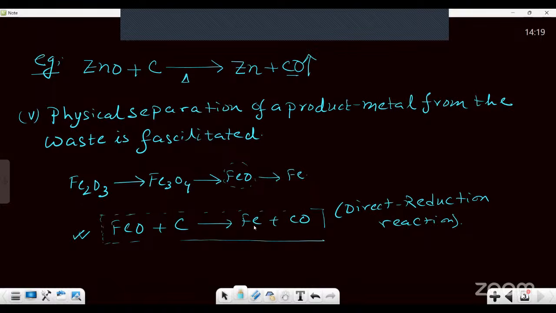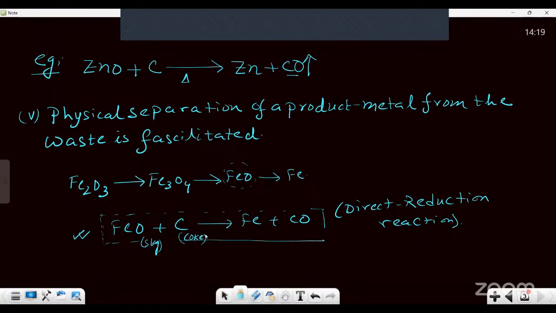Now, the thing is, this FeO that is there is in the slag phase. And the carbon that I have written here is the carbon of the coke.